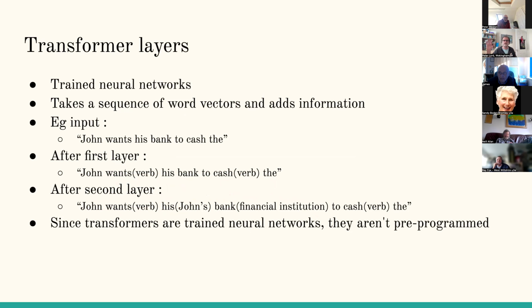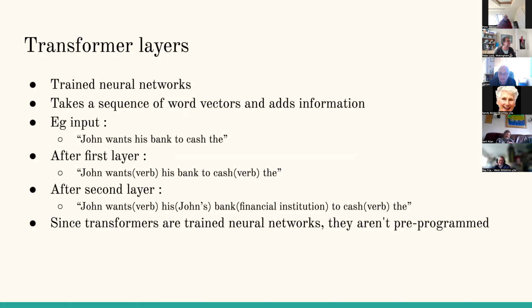And I'll finish this off, Pete. I can see your hand up. Since transformer layers are trained neural networks, they aren't pre-programmed. And in fact, this will be interesting. Artificial intelligence, large language models, generative AI has spun off brand new branches of science. One of them is to figure out how these transformer layers work because they haven't been programmed.